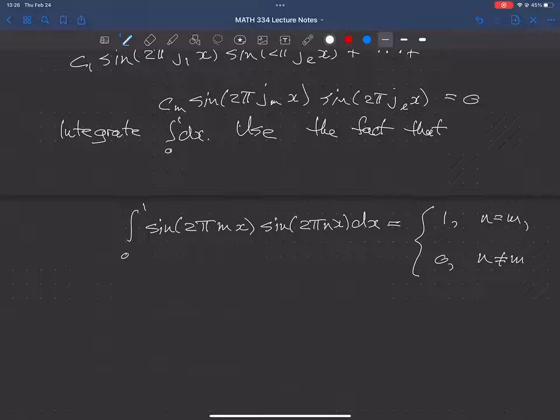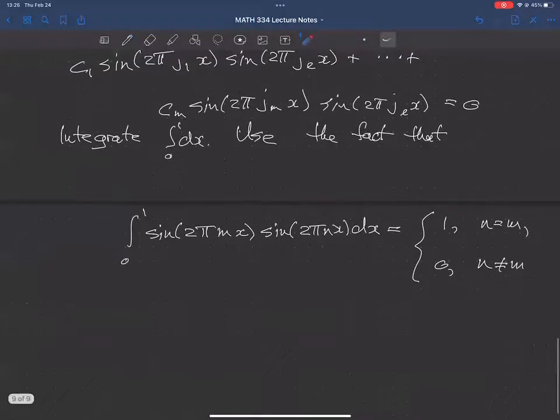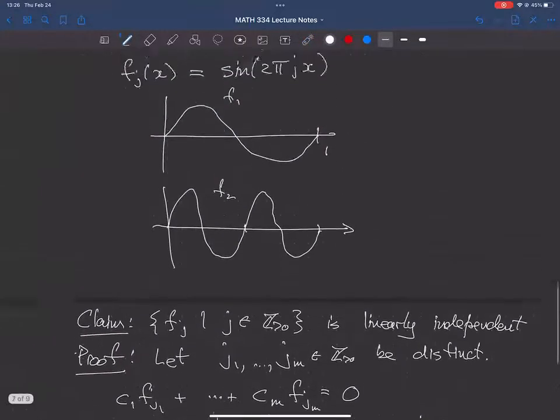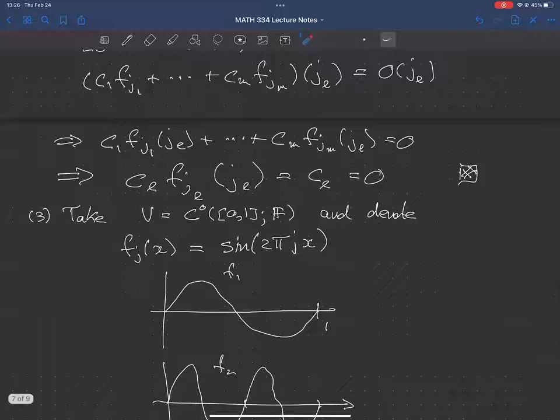I'm not going to write out the integrals for all of these terms. I'm just going to chat my way through what happens when you integrate. We have jL here and j1 here, and when you do this integral, you're going to either get 1 or 0, depending on whether L is equal to 1 or not. And similarly for all of the terms. And the point is you end up with exactly the same kind of thing that happened up here.